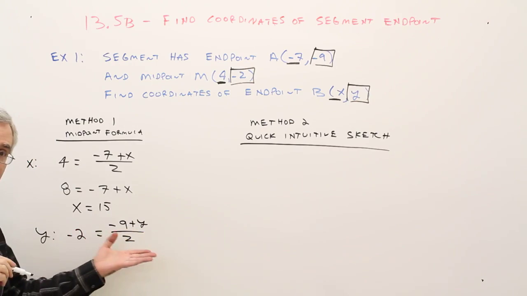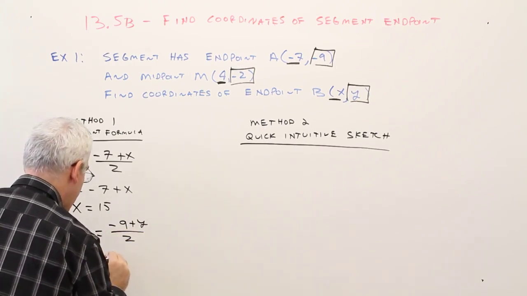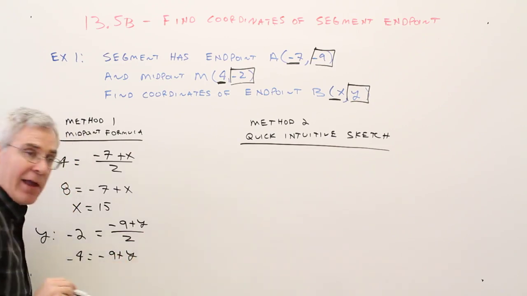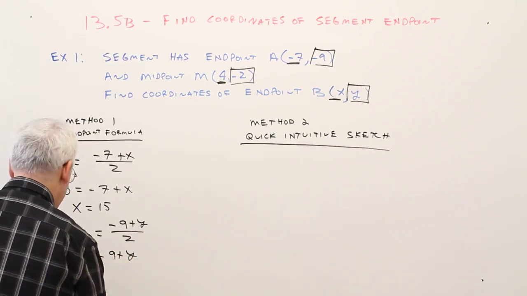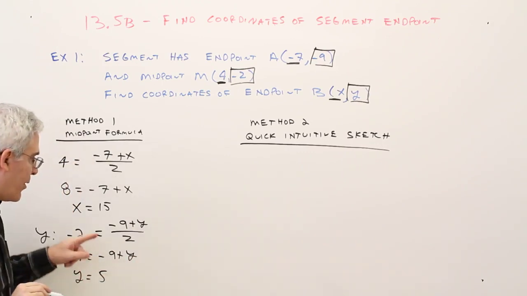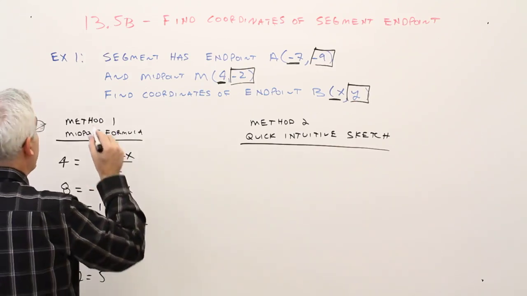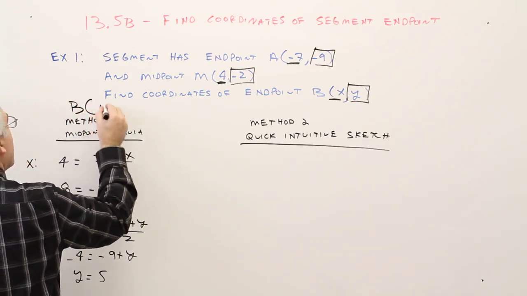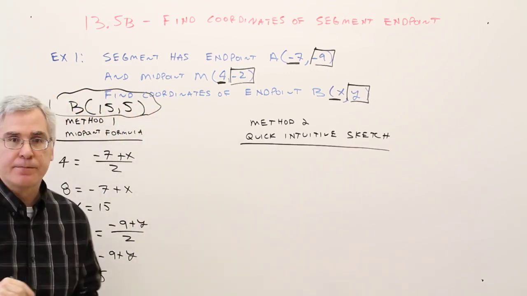Again, I'll multiply each side by 2 and get -4 equals -9 plus y, and then I'll simply add 9 to each side and get y to be 5. So the coordinates of B would be 15, 5, and that would be the answer.